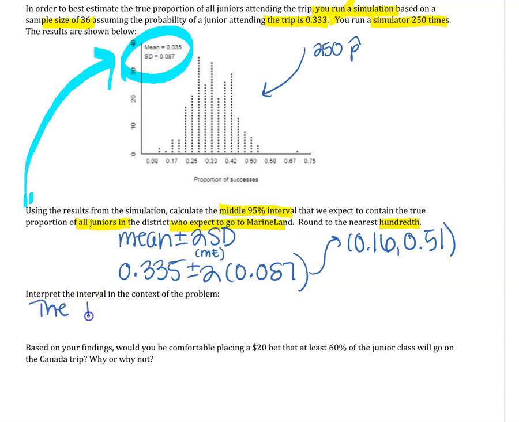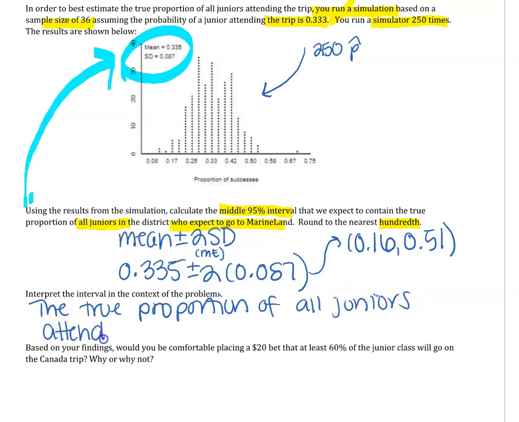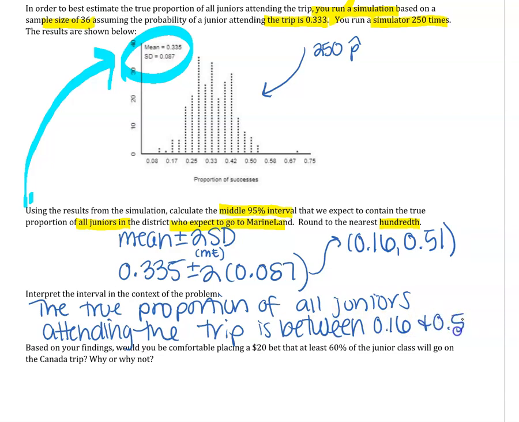So the true proportion of all juniors attending the trip is between 0.16 and 0.51.